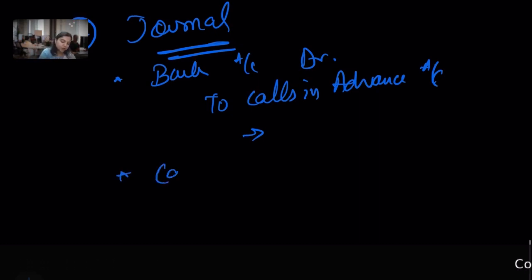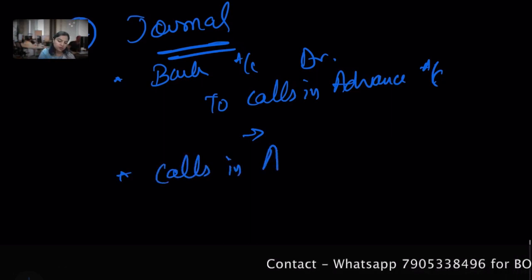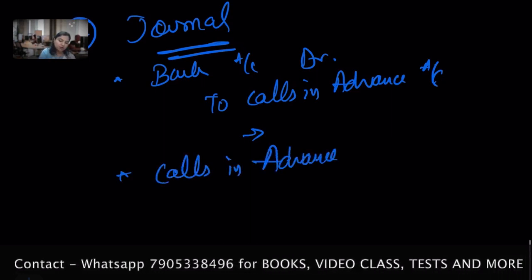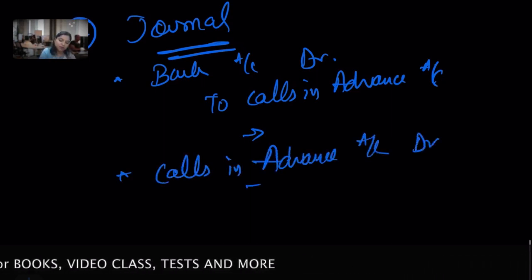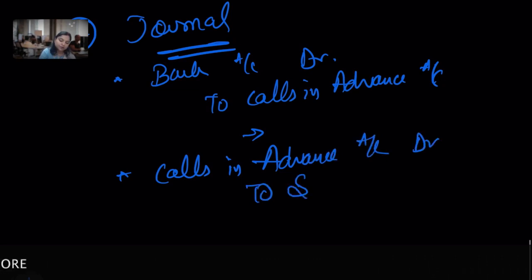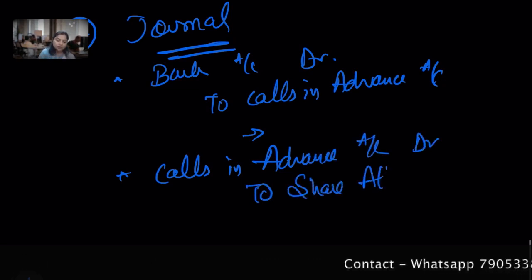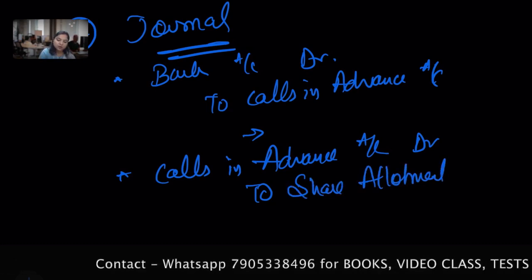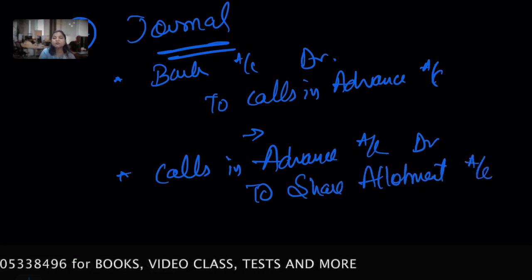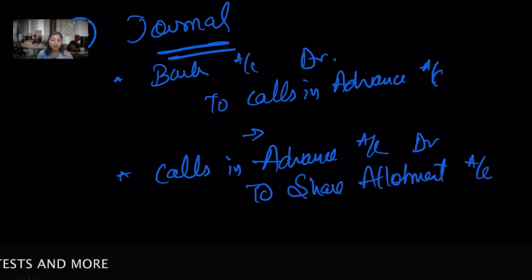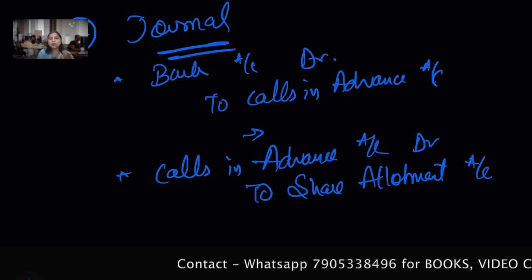Okay, so when the due date comes and I called you, it will be calls in advance account, which you already paid me, debit, to whatever it may be, say, share allotment. I'm taking the example of share allotment. It may be share first call, second call or anything. I hope you understood the journal entry because there is nothing of much value addition in this.